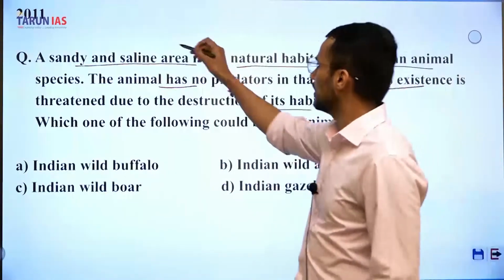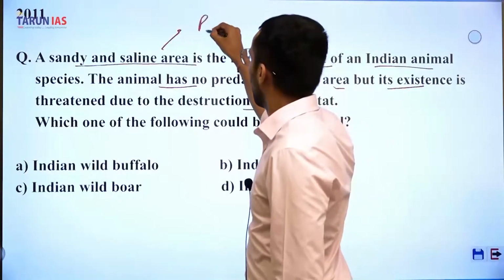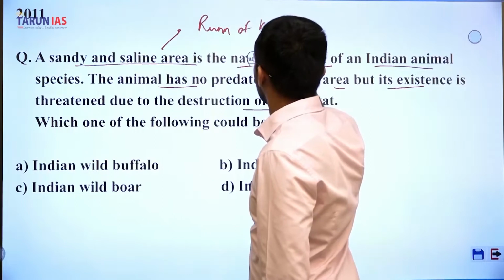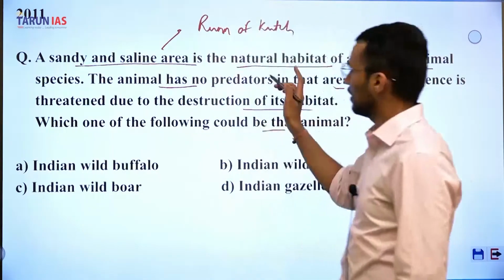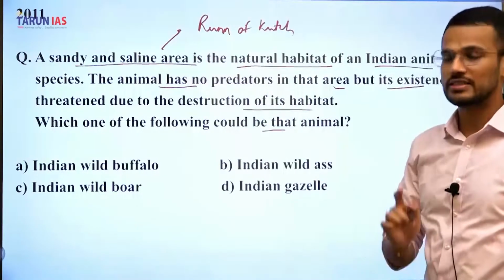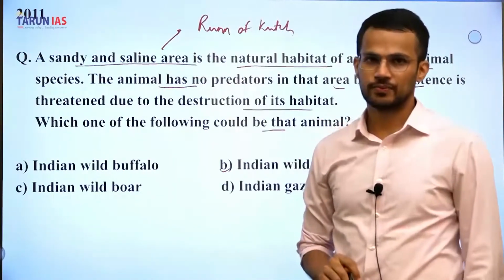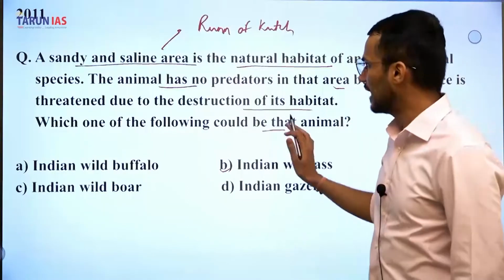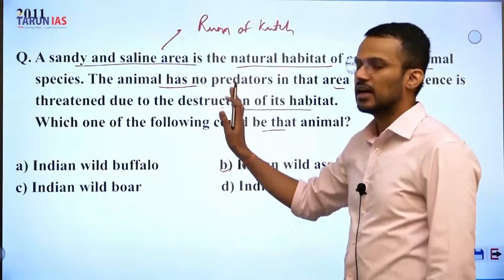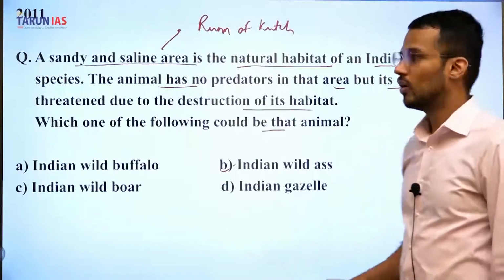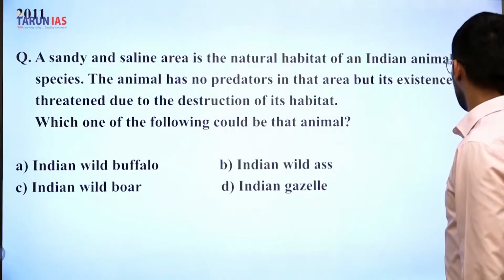So the animal is living in the Rann of Kutch. So primarily, Rann of Kutch is the habitat of Indian wild ass. And that's why answer of this question is B, Indian wild ass, right?